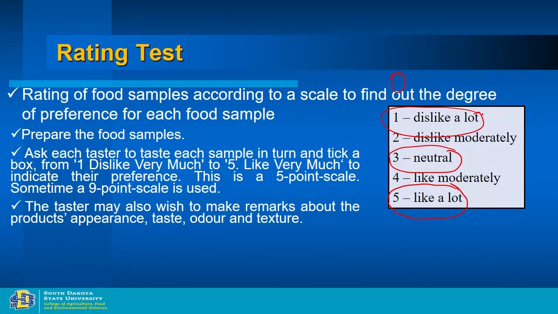Because dislike a lot is 1, but that doesn't mean that I don't even eat it, right? Here it says I dislike a lot, but that person can still eat that. It's not that they are saying they will be throwing it out. They can still eat that, but they dislike it. I mean, we do a lot of things, right?